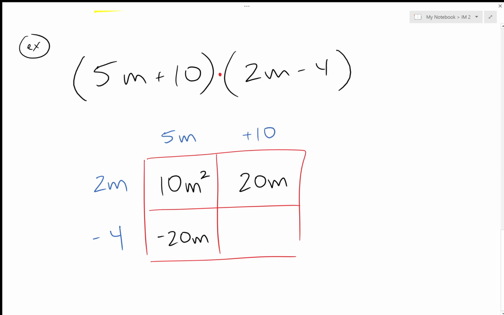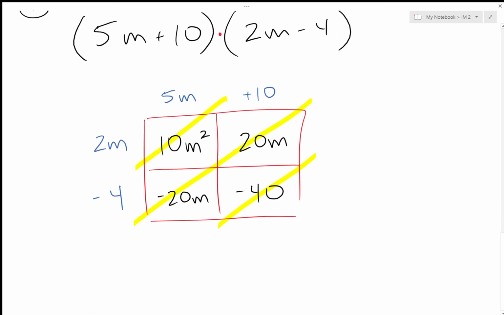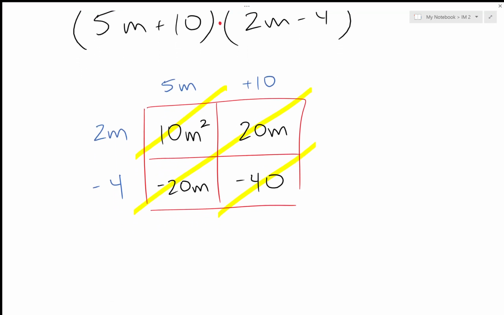And then 10 times negative 4 is a negative 40. Again, we've got these 4 terms, and if you notice from the last one, everything diagonally will match. So for example, anything in this row goes together, anything in this row goes together, and then these go together. So really it's just the ones with those single m's that go together.